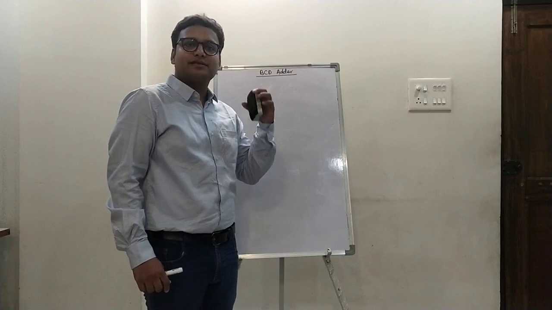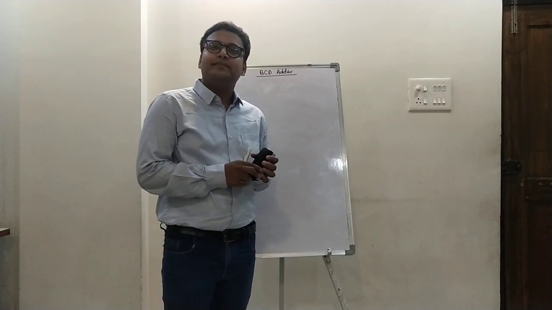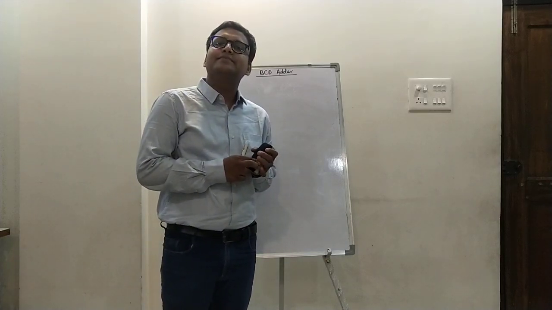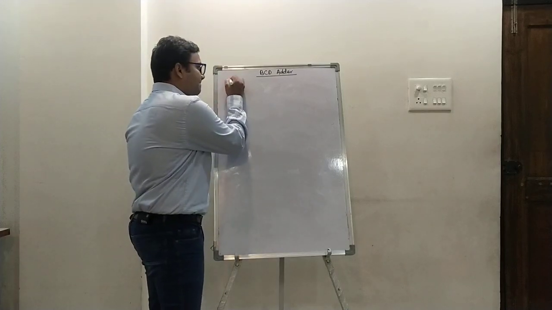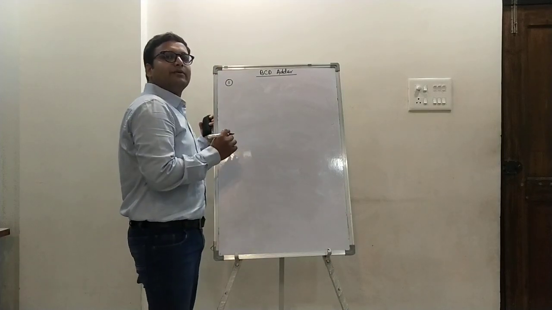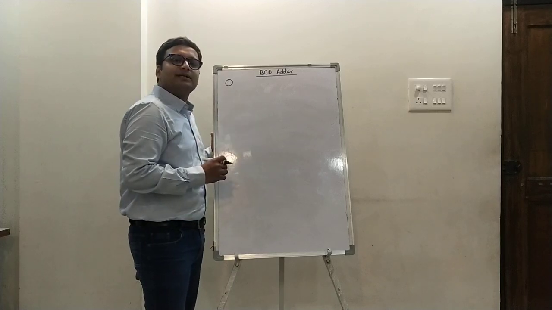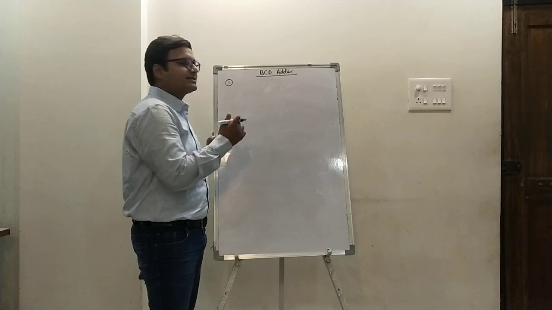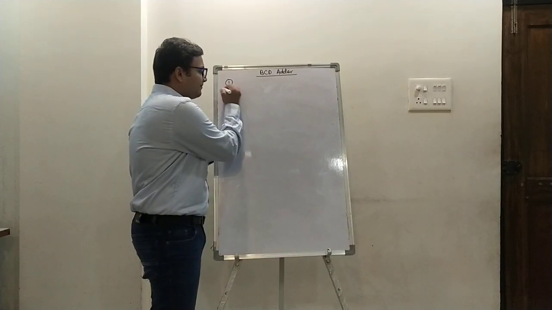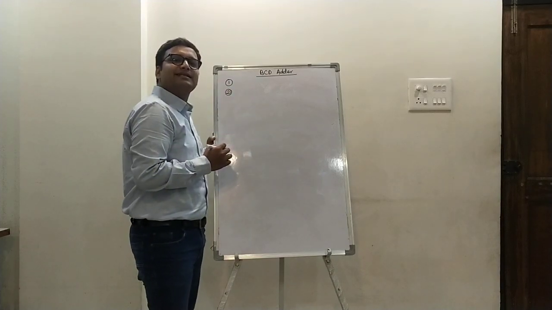As we have discussed in the earlier classes, BCD addition mainly follows two rules. Rule one: if you want to add two BCD numbers, the corresponding digits need to be added first. Next, we have to see the result.